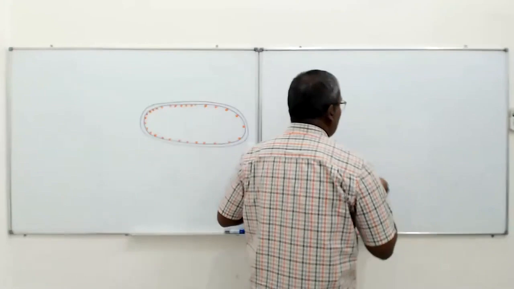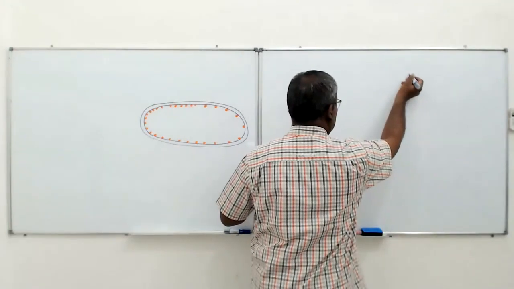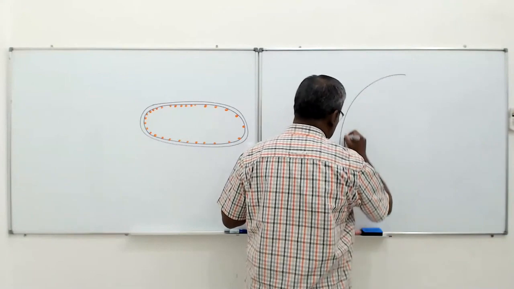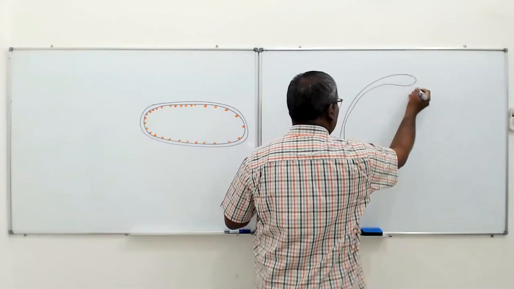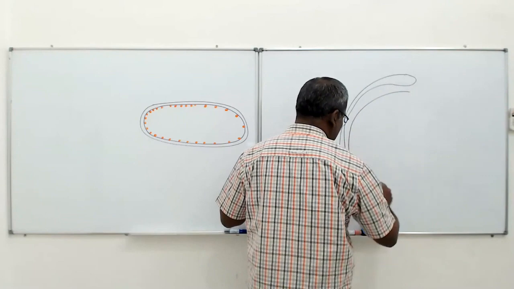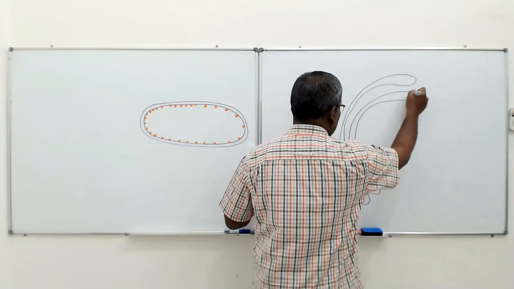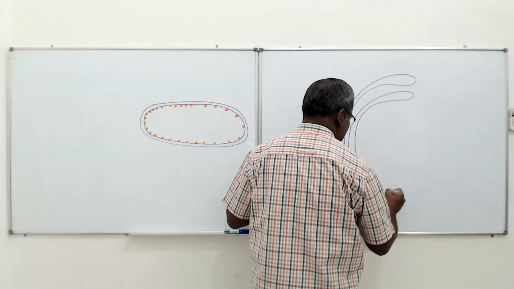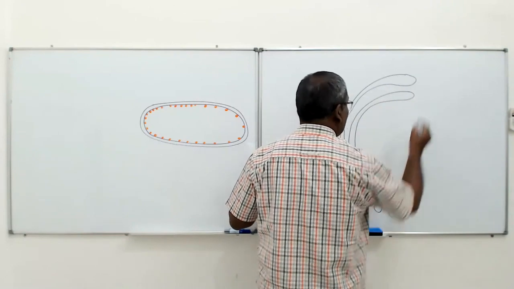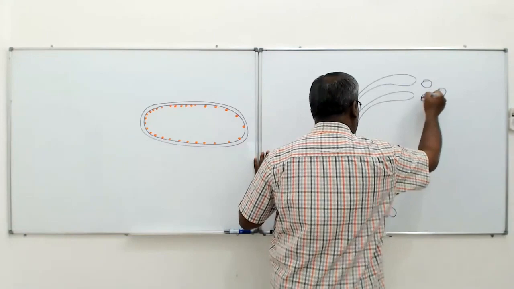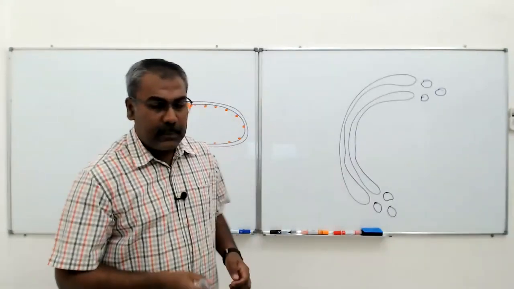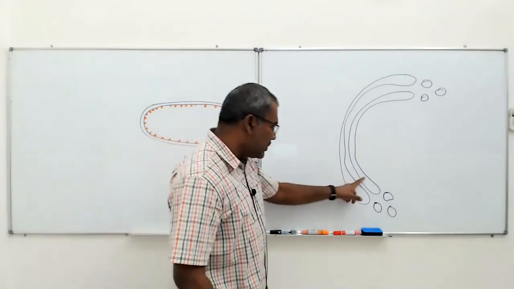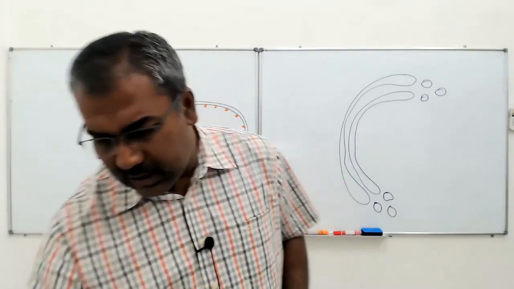Let me draw a Golgi apparatus. For example, just now we saw the picture of the macrograph. Saya lukis 2 saja, just draw 2 flattened sacs only. Okay, what is the meaning?